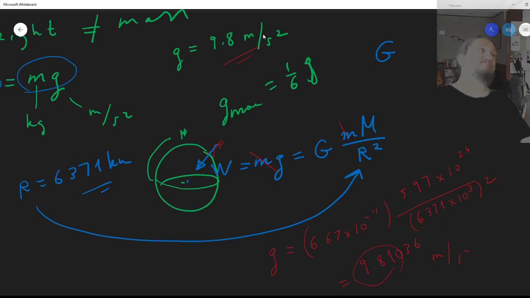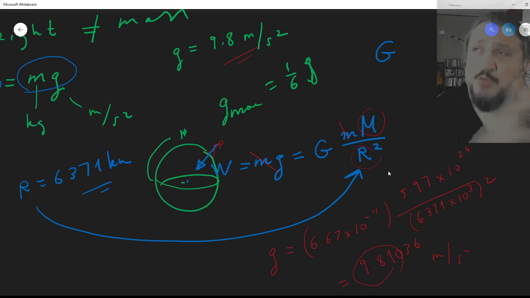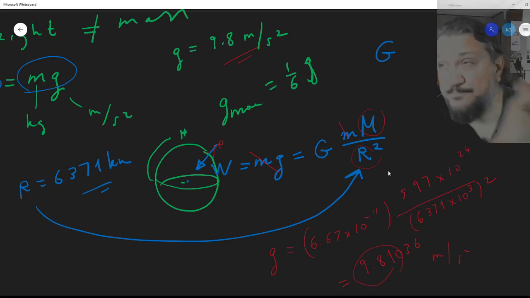If you want to find the g on Mars, you just replace M with Mars's mass and R with the radius of Mars. And the number you'll find is about a third, okay? On the moon it's 1/6. On Mars, g is 1/3 of what g is on Earth. So divide 9.8 roughly by 3. I think that's what I remember. On Venus it could be close to Earth, I guess.